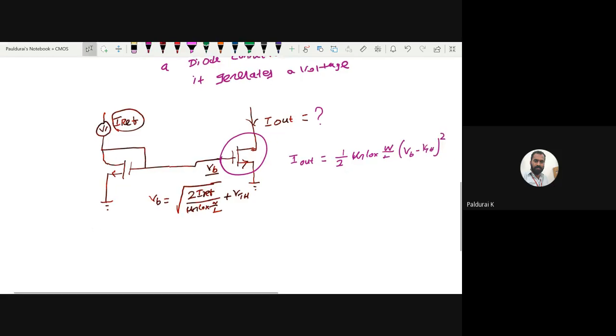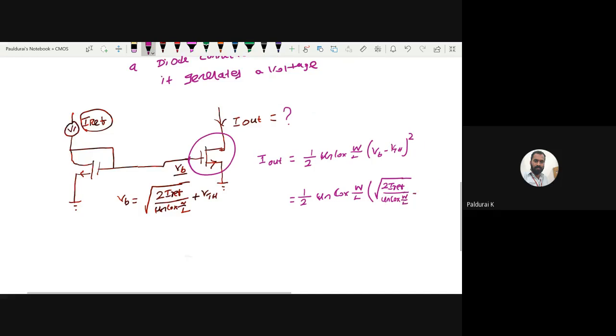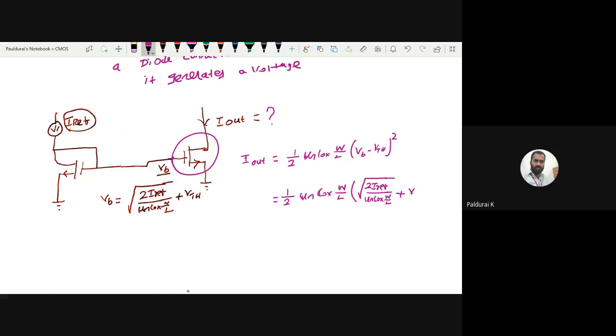VB you know the value: square root of 2 times I ref divided by mu n C ox W over L, plus VTH. I have minus VTH here, the whole square.